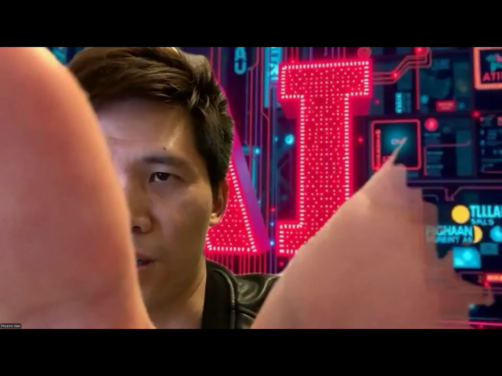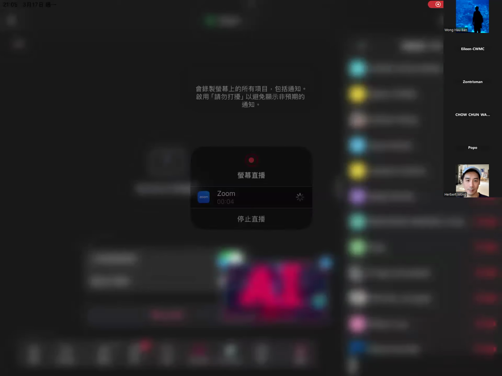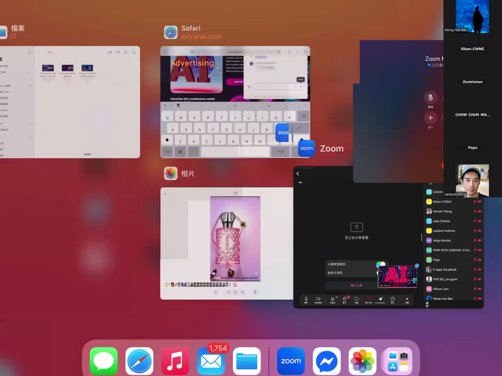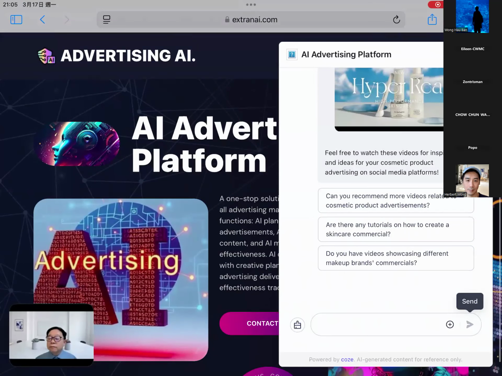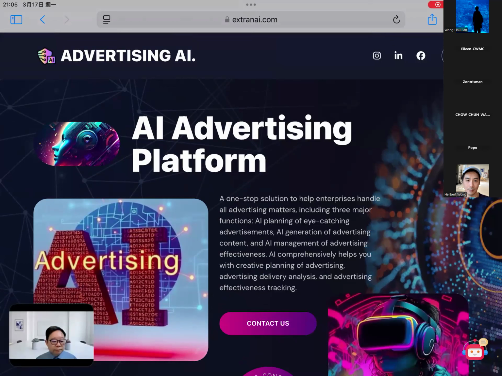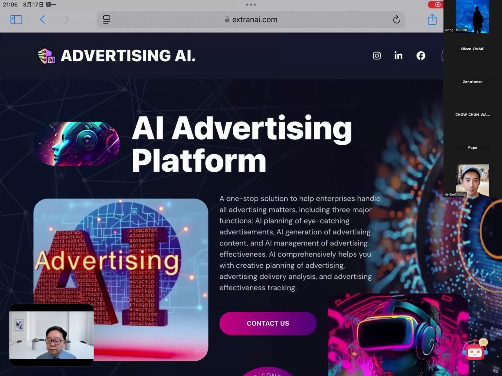To begin, let me share my screen first. Now I go to our website. That's the advertising AI, one of the core functions in our X1 AI.